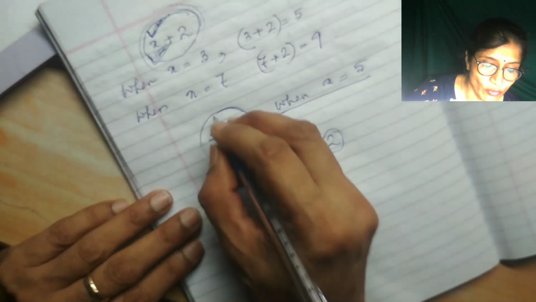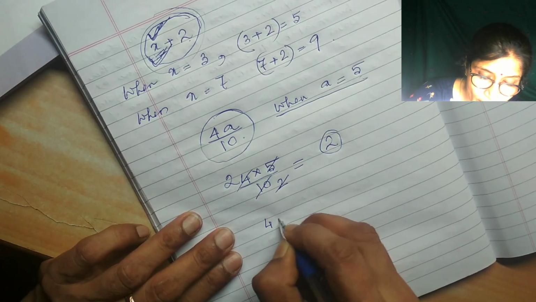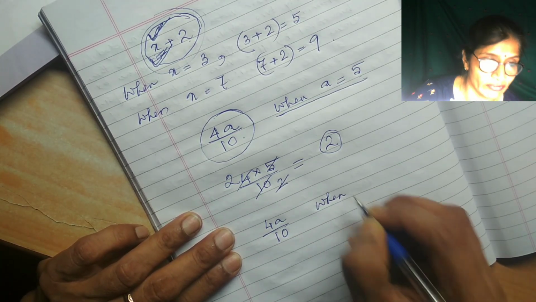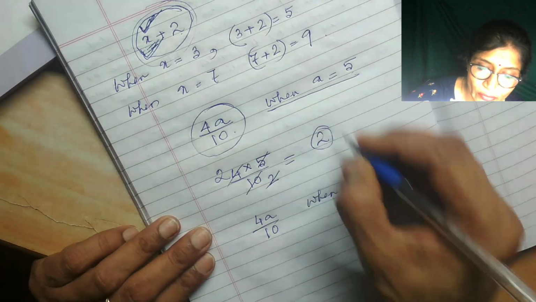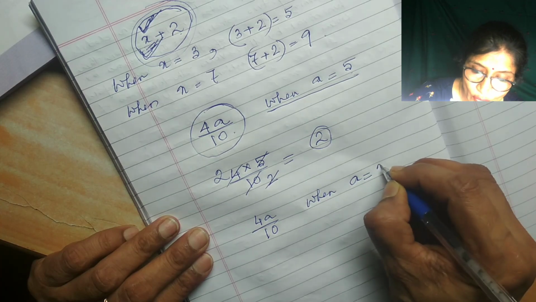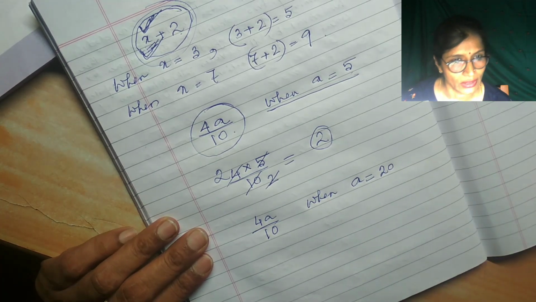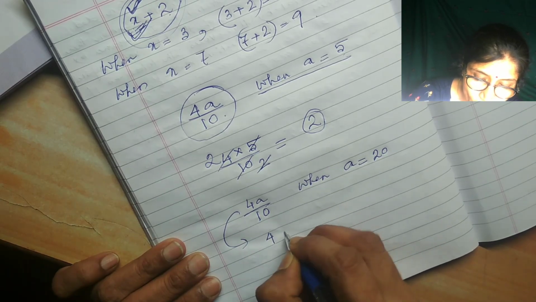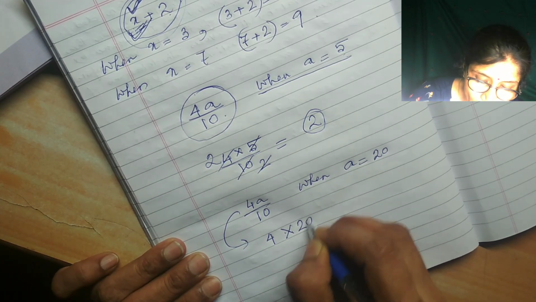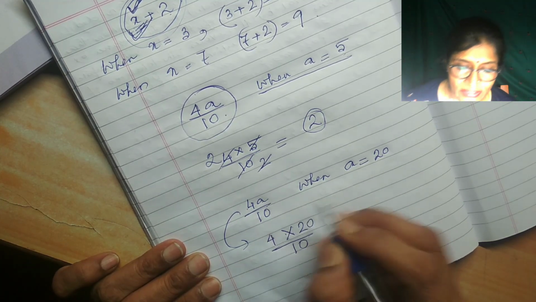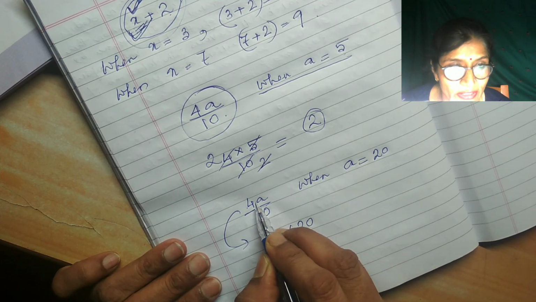But the same 4a by 10 value, because a is a variable, it is not necessary that a is whatever was given to you; accordingly you will write. Suppose a is given to you as 20. Okay. So at that time the value of this number will be 4 into 20 divided by 10. Because in 4a, in algebra, nothing between them means it is multiplication.